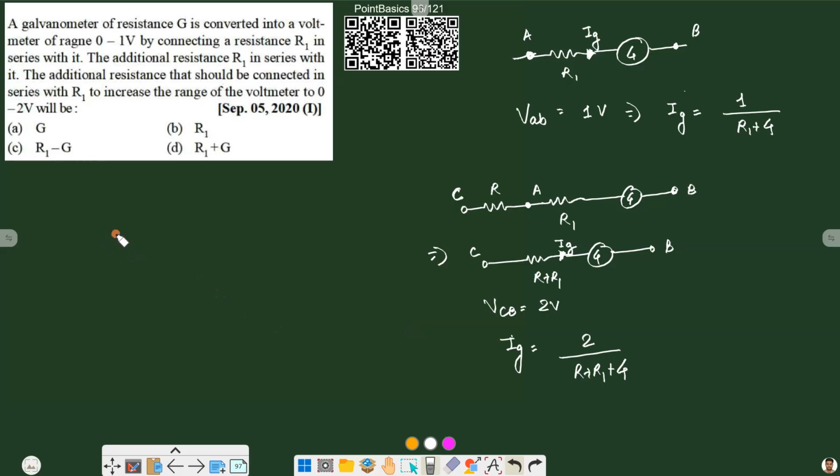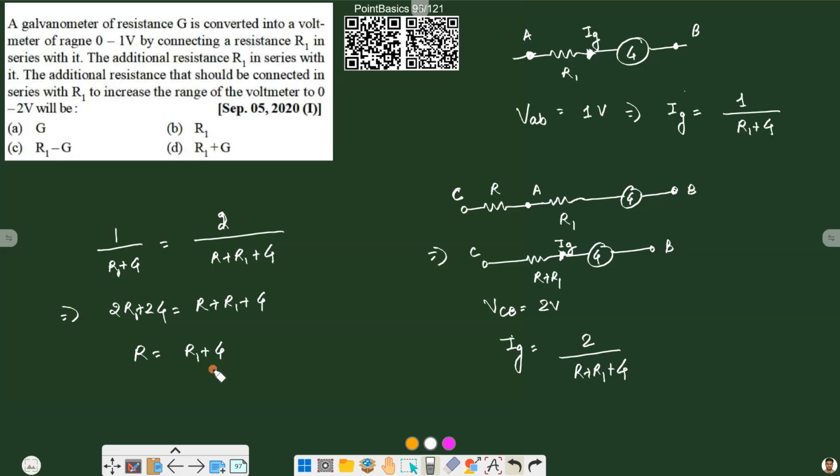Comparing both, 1 by R1 plus G is equal to 2 by R plus R1 plus G. Cross multiplying, 2R1 plus 2G is equal to R plus R1 plus G. So R is equal to R1 plus G. Option D will be the right answer here.